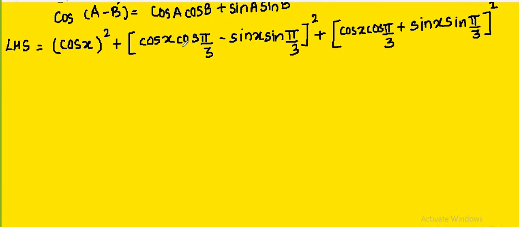Now we know that cos pi by 3 is 1 by 2 and sin pi by 3 is root 3 by 2.